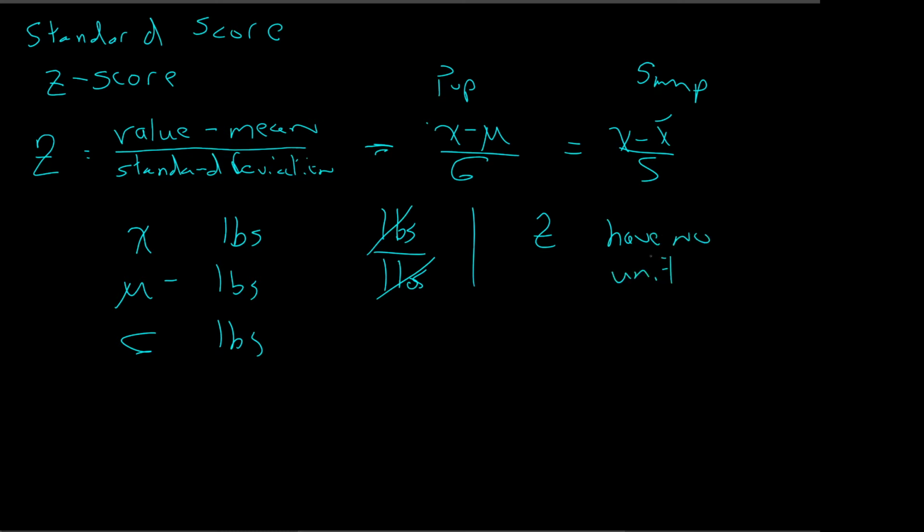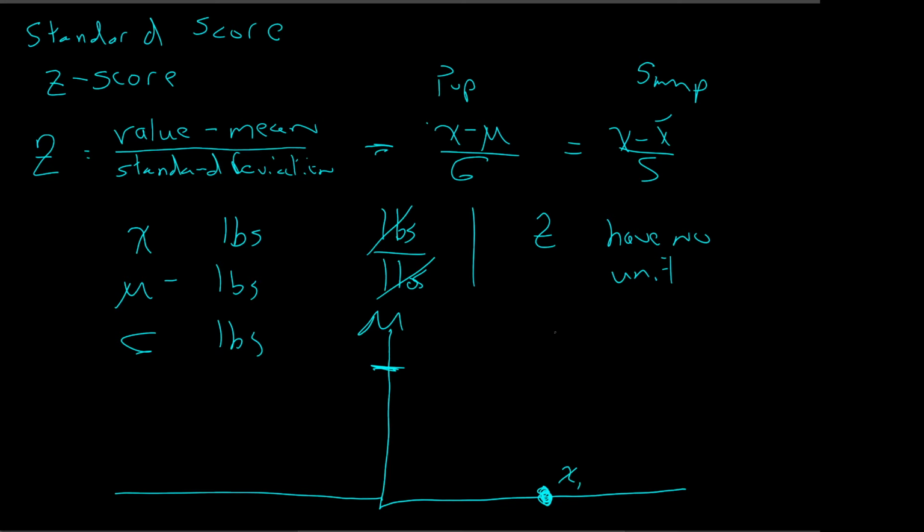And what they help us do is talk about how many standard deviations away you are from the mean. So if this is the mean, and I have one piece of data over here, we'll say this is x1, and so the z-score for x1 is x1 minus the mean over the standard deviation.